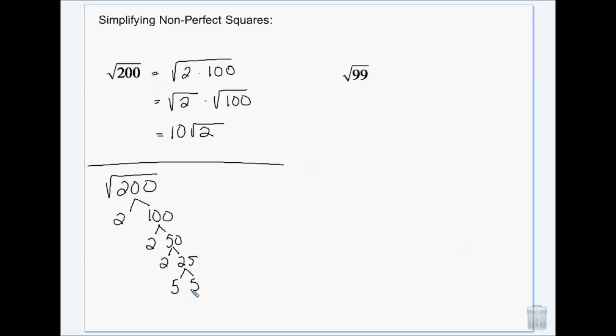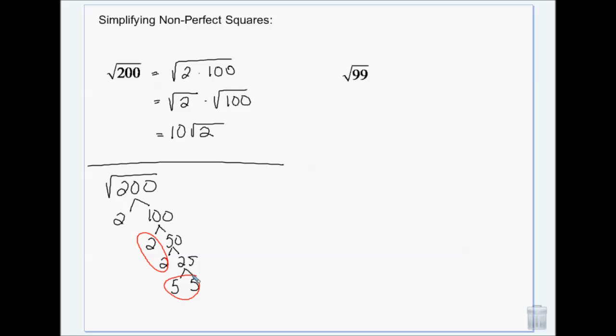But you're going to make a complete factor tree for 200. And what happens is every matching pair is a little perfect square. So I have 2 2s, that's 2 times 2, that's a perfect square. 2 5s is 5 times 5, it's a perfect square.